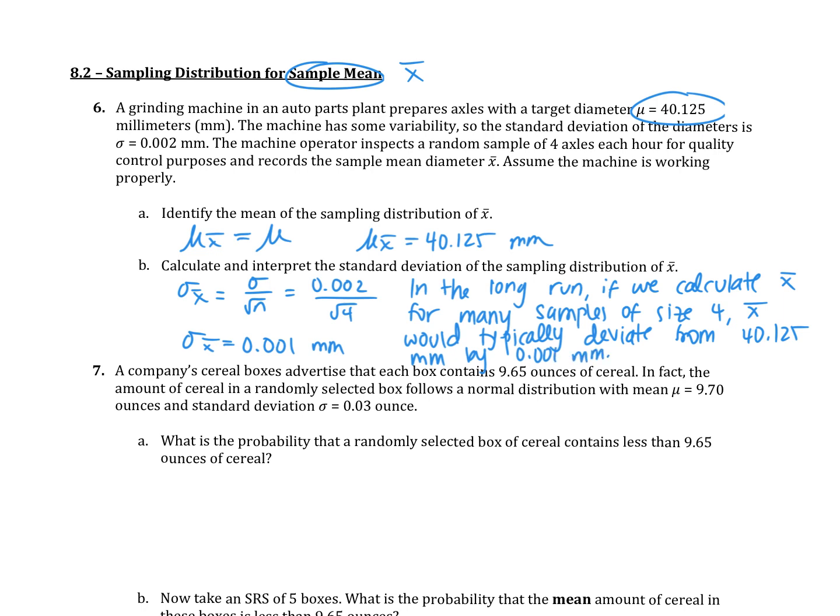So it's just the normal definition or interpretation of standard deviation. The big difference being we're not looking at individual axles, we're looking at samples of size 4. So if we took 1,000 samples of size 4 and in every sample calculated x bar, 0.001 is the typical difference from the mean.